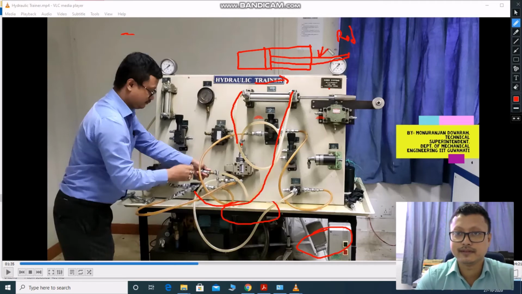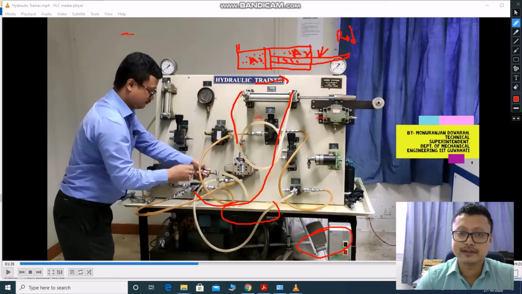Area of this section, say A1, and area of A2: A1 is greater than A2. Here, due to the piston rod, less oil will be there. Here, due to the large area, oil will be more. So here the pressure will be more, here the pressure will be less.